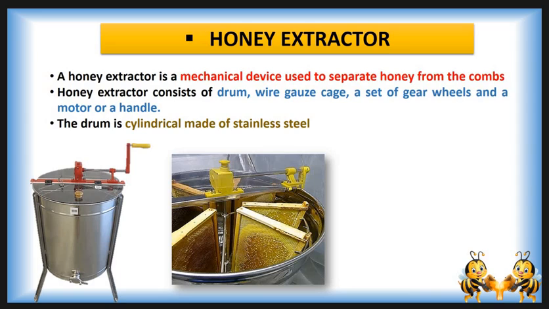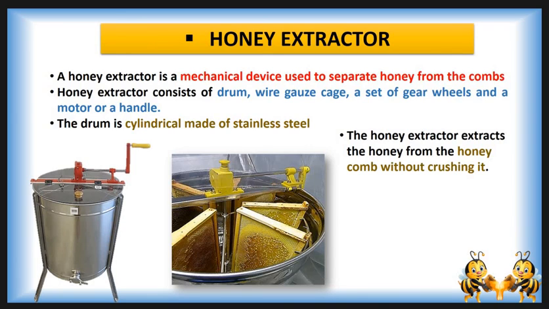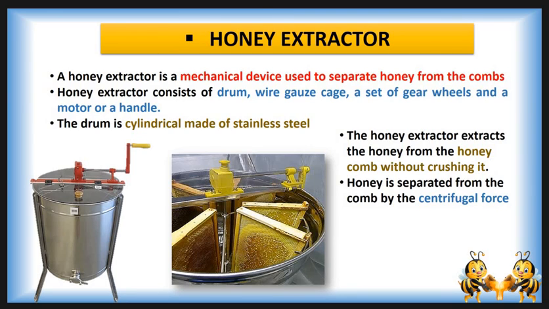The cage is rotated manually or by the motor. The gear wheels are attached to the handle or motor. The handle consists of a rotatable lever. The honey extractor extracts the honey from the honeycomb without crushing it. Honey is separated from the comb by centrifugal force.